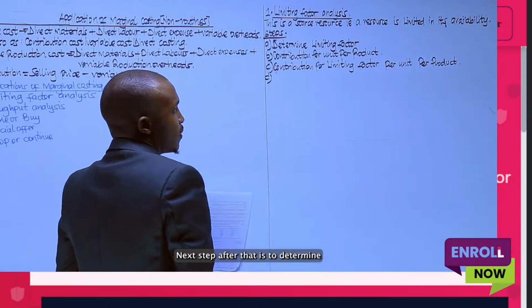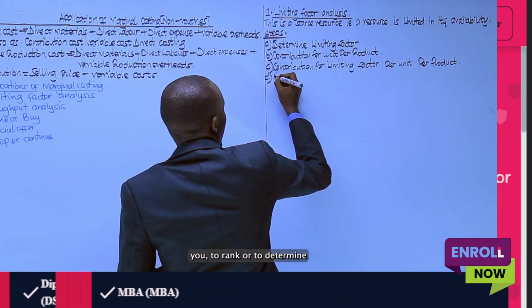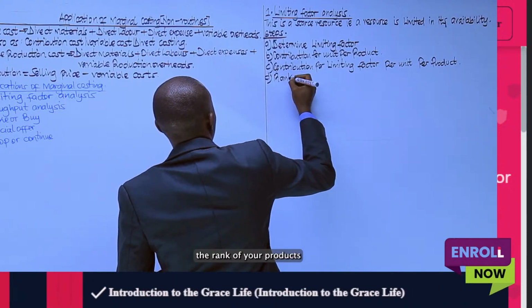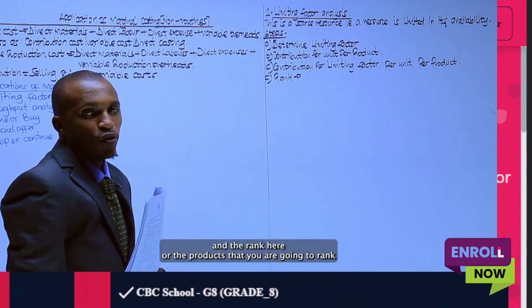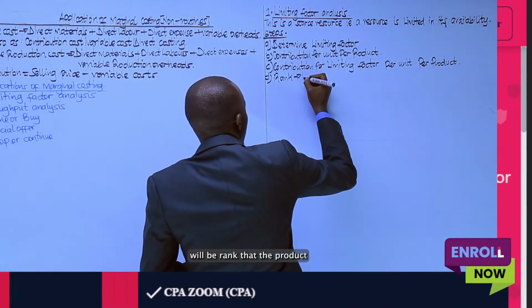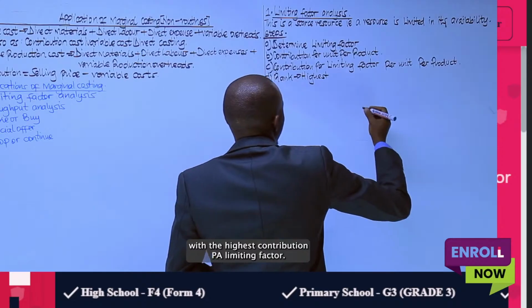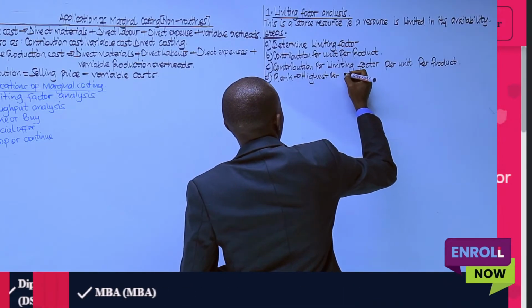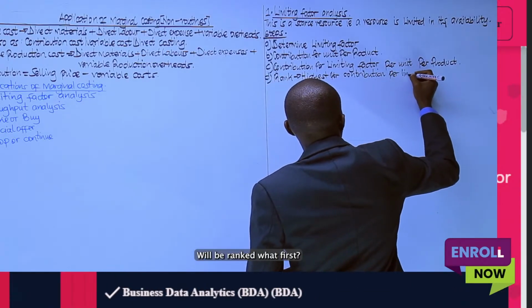Next step after that is to determine the rank of your products. The product with the highest contribution per limiting factor will be ranked first.